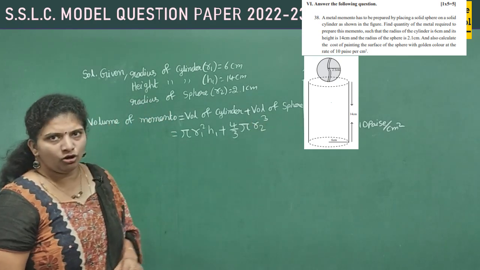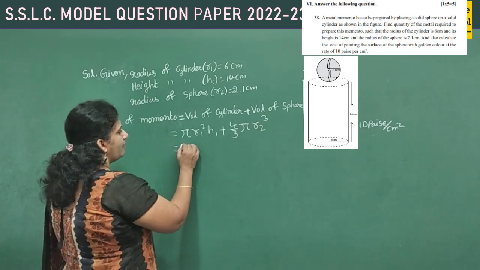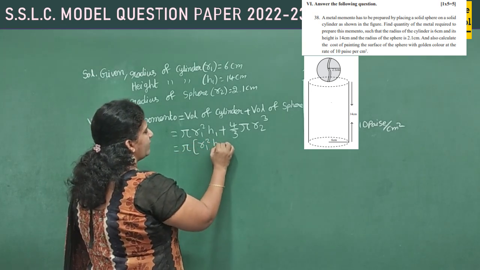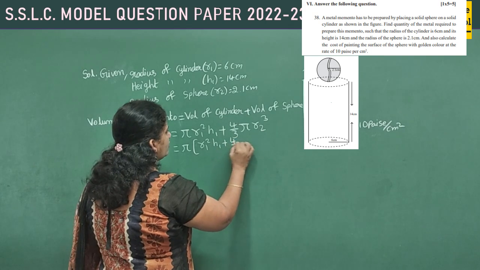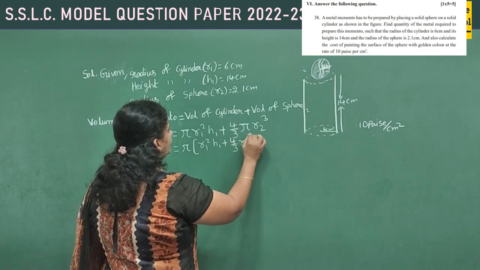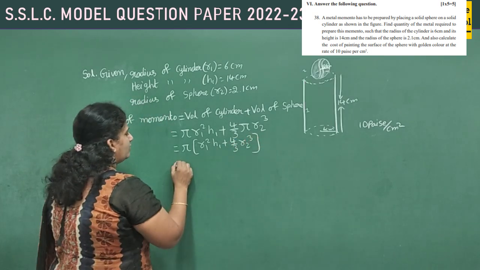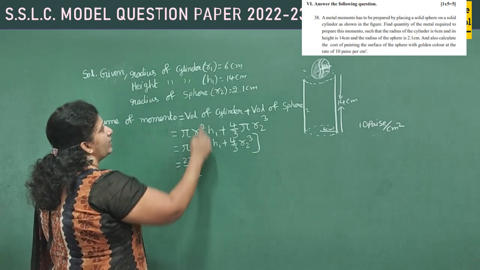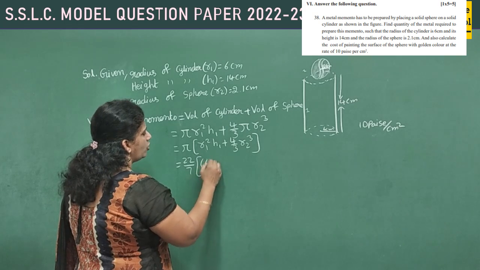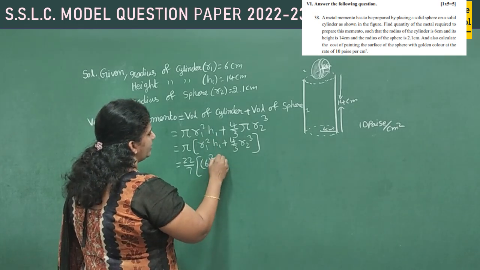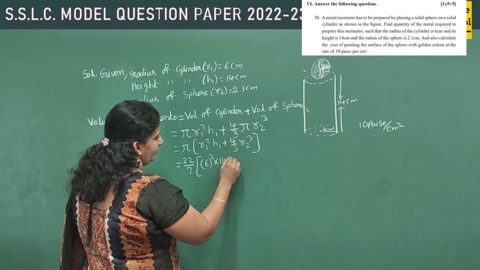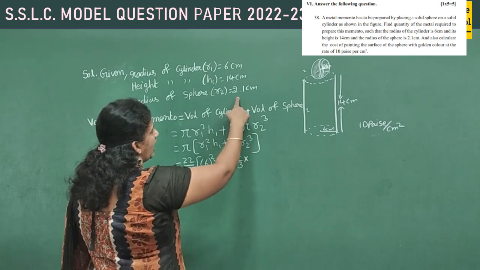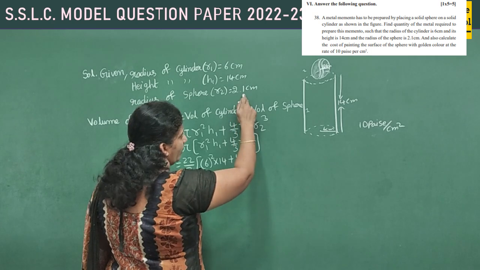Is there anything common? Yes. Pi is common. Take out common: R1 square H1 plus 4 by 3 R2 cube. Pi value is 22 by 7. R1, 6 whole square, H1 into 14, plus 4 by 3 into R2, 2.1.